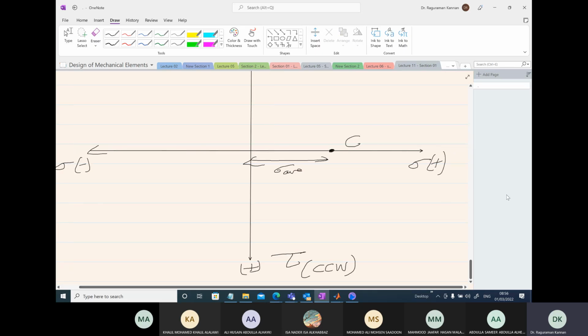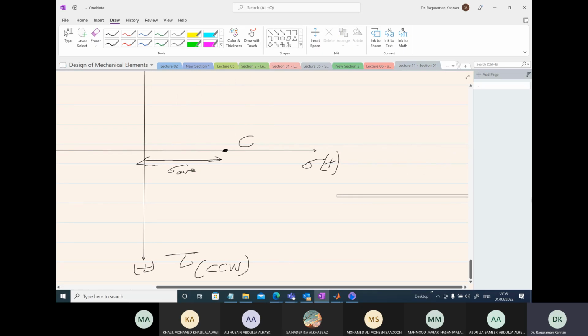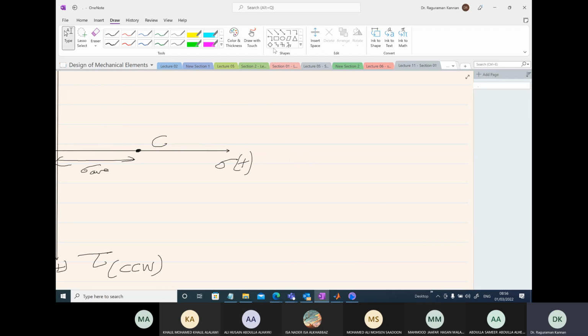We can simply first draw the element and get the coordinates here. How do I get the coordinates? I'm going to explain it here. Draw the element, x-axis, y-axis.